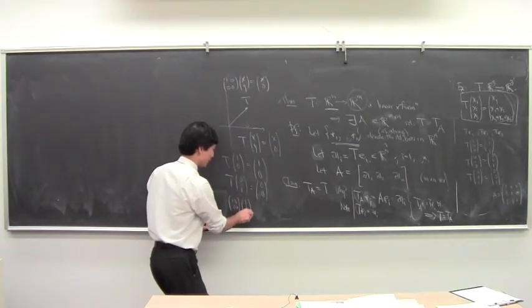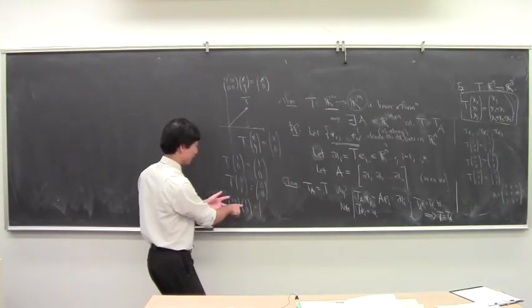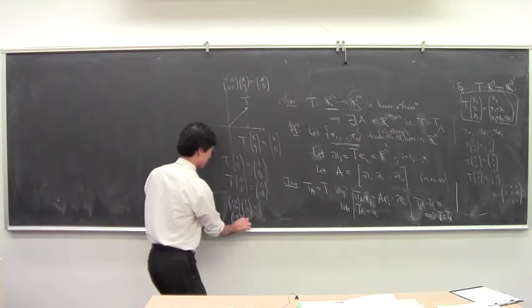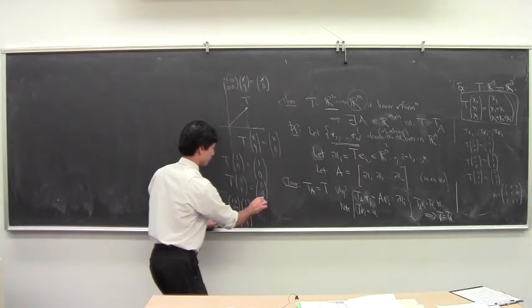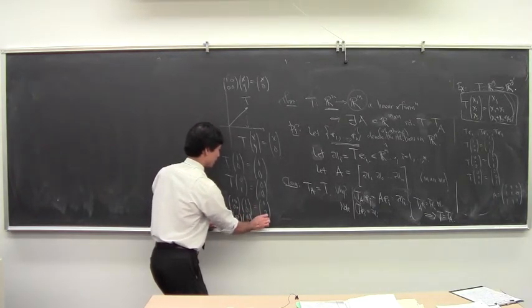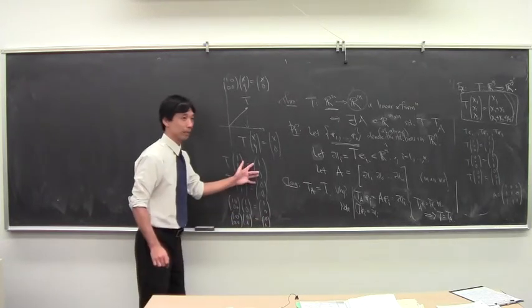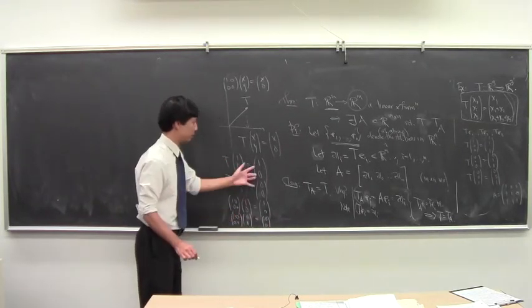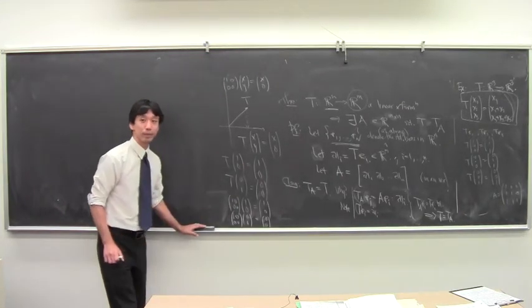Because we made it so. When we look at this matrix's behavior on the standard basis, we get the first column and the second column, which is what we chose them to be.